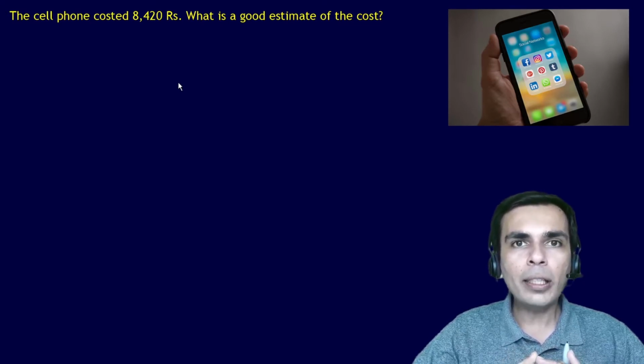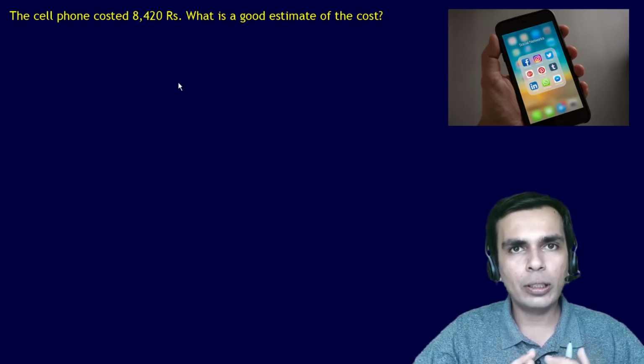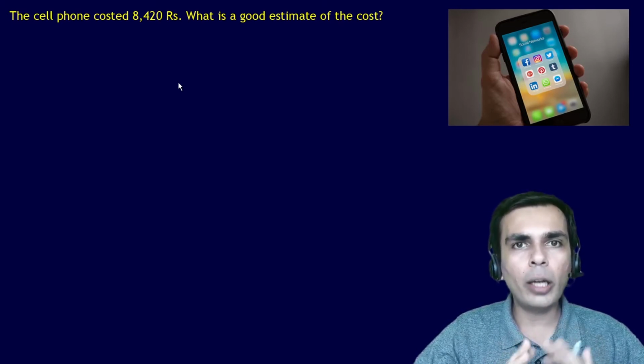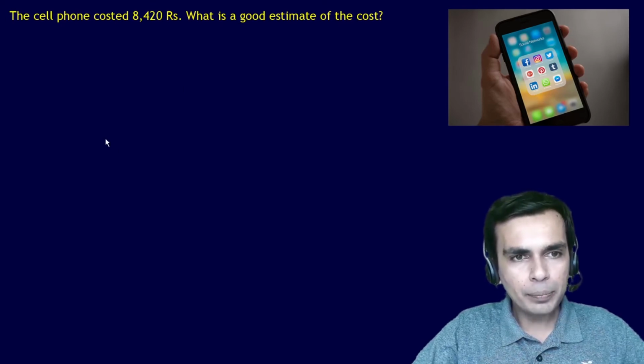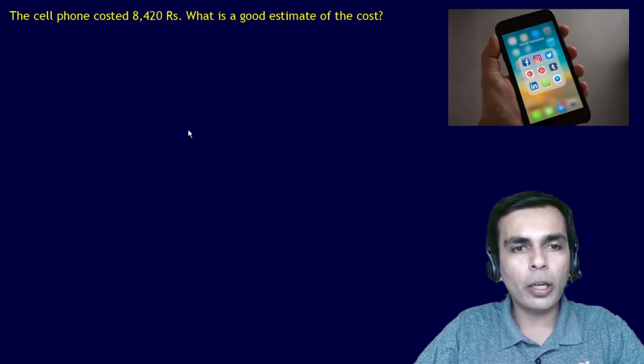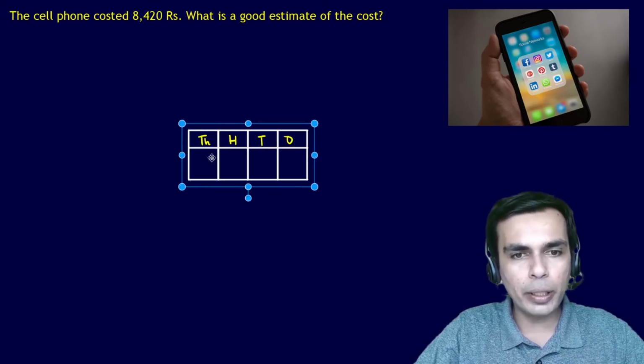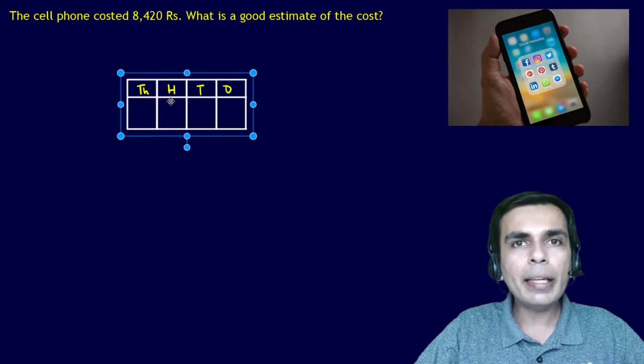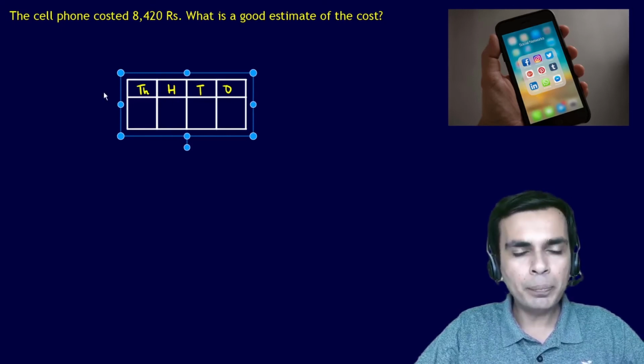Therefore, we only think about the number in some number of tens or hundreds or thousands, depending on how close we need to be. So here in this case, the cell phone cost 8,420. Now that's anyways a big number. Can we make it a little easier, a little more friendly, a little more simple to remember?